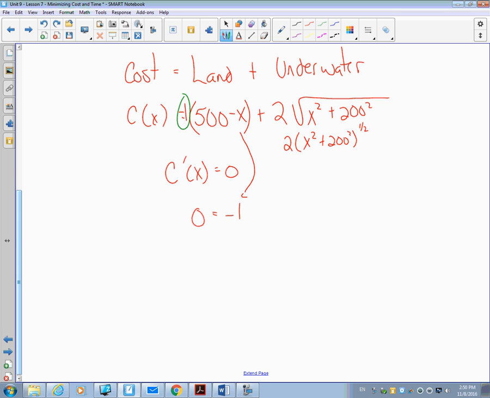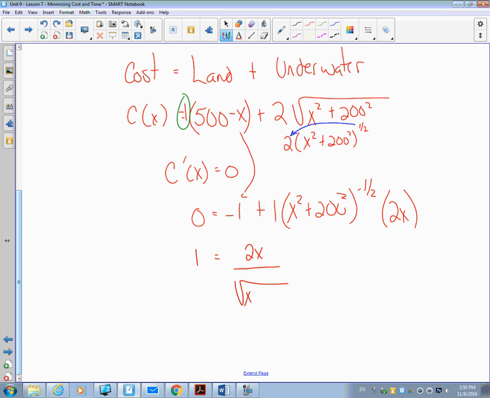So 2 times 1/2 gives us 1. Inside the bracket stays the same. Exponent, got to subtract 1. Derivative of the inside, 2x. If I rewrite this, I end up with 1 equals 2x over the root of x squared plus 200 squared.